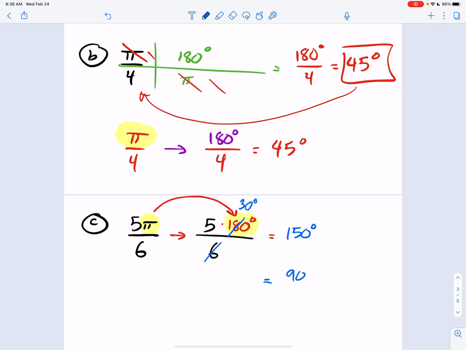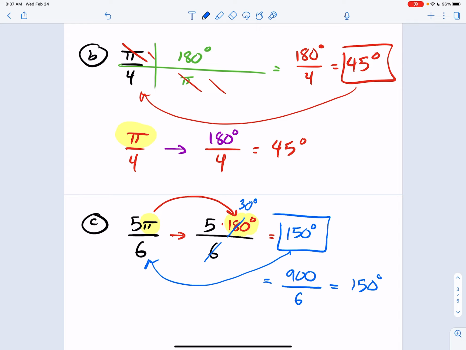It's 900. And then divided by 6 is 150. You could have done that too. Personally, I like to make numbers smaller first because when you make numbers larger, it's harder to deal with, okay? But whichever way you guys decide, you end up with the same answer here, okay? So know that 5 pi over 6 and 150 are equivalent or equal, okay? Written very differently, but they're equal in value, all right?